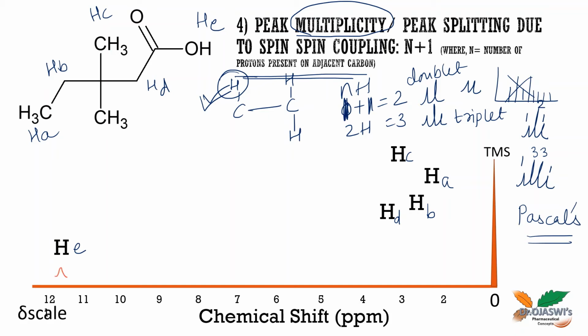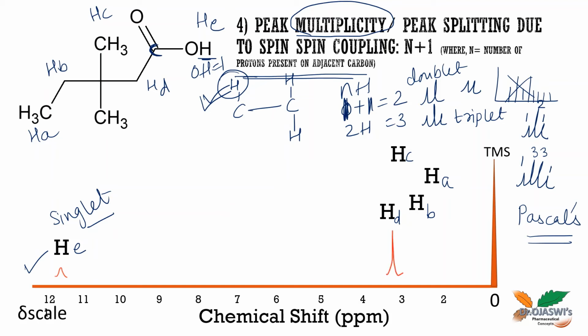So if you see here, I have drawn a singlet for HE. Now why singlet for HE? Because on the adjacent carbon there is no hydrogen, so 0 plus 1 is 1, so that is a singlet for this hydrogen.